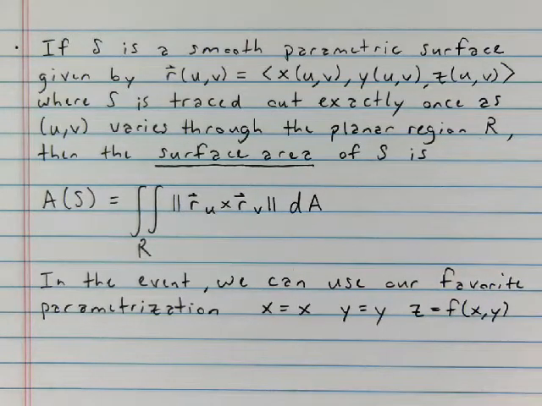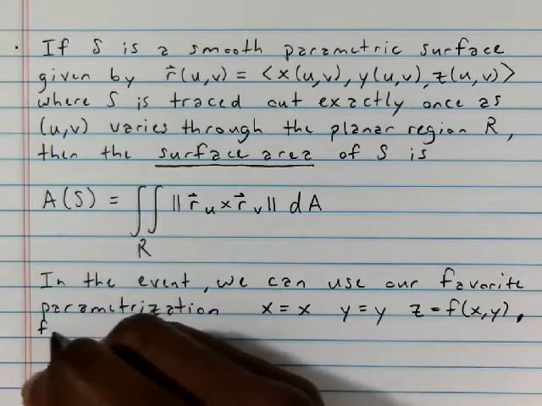Actually, I'm going to put this in parentheses so people don't think that you can use this all the time. You can only use what I'm going to give you if you have this parametrization, which we usually don't have, but if we do have it, a lot of the work's been done for us. So in the event we can use our favorite parametrization for R.